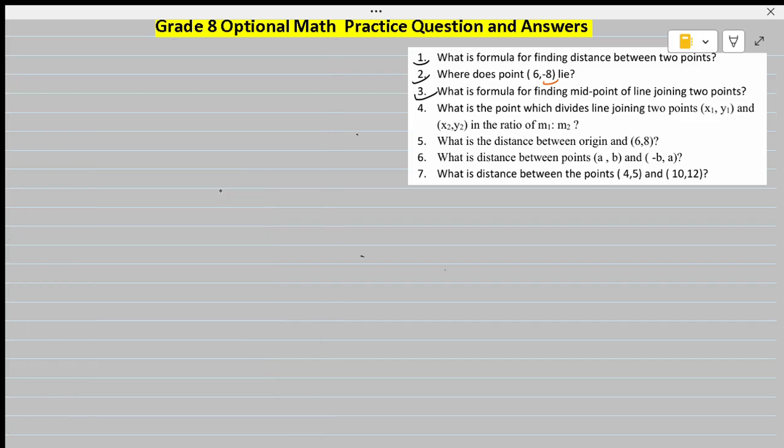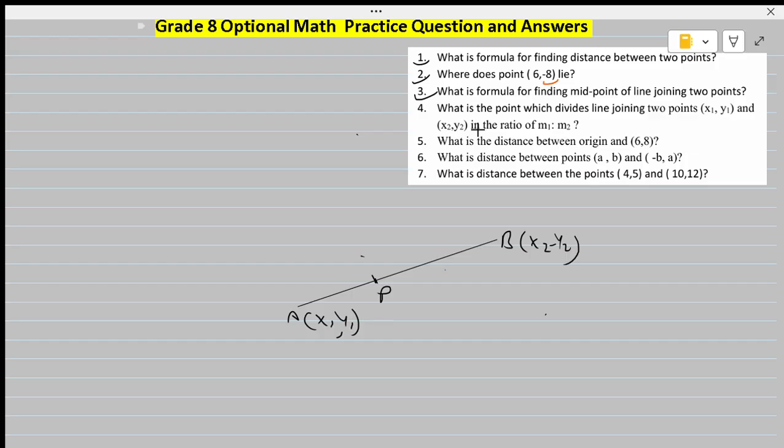And we'll say number 4. What is the point which divides the line joining the points (x1, y1) and (x2, y2) in the ratio of m1 is to m2? For this we go with the diagram. This is the line which joins the two points (x1, y1) and (x2, y2), and we are asked to find the dividing point P, which divides the line joining these two points in the ratio of m1 is to m2.